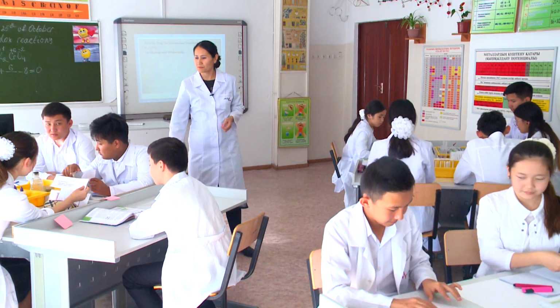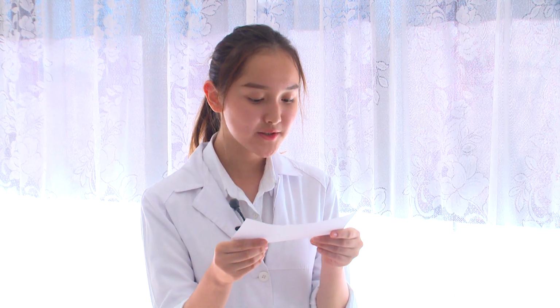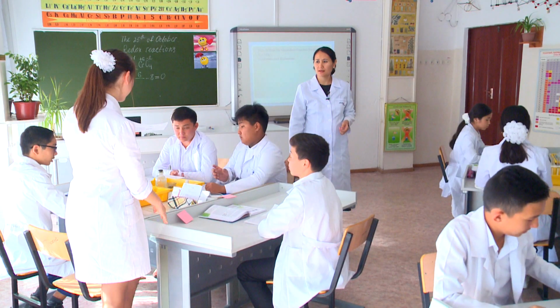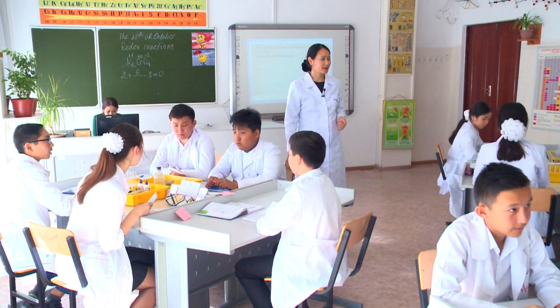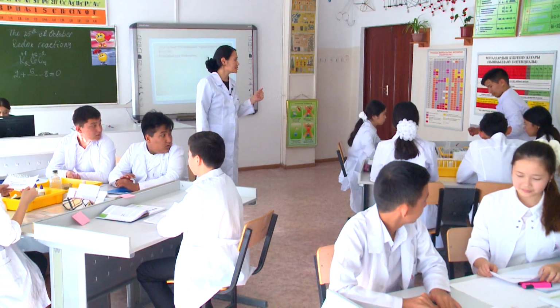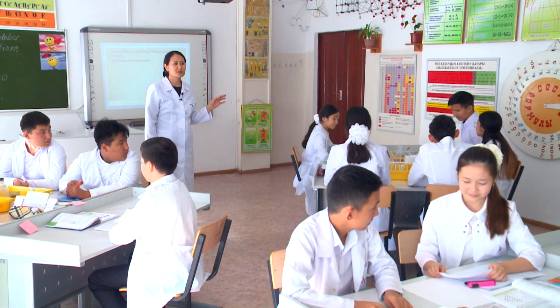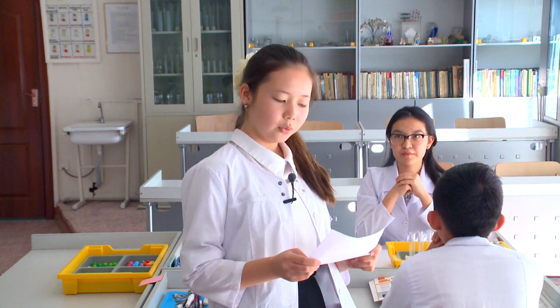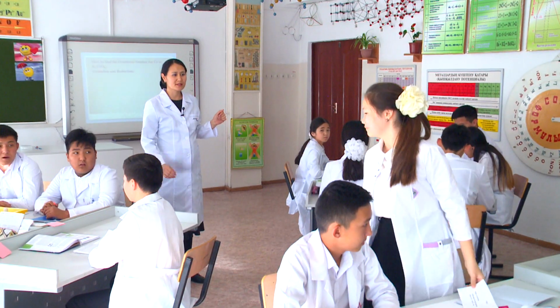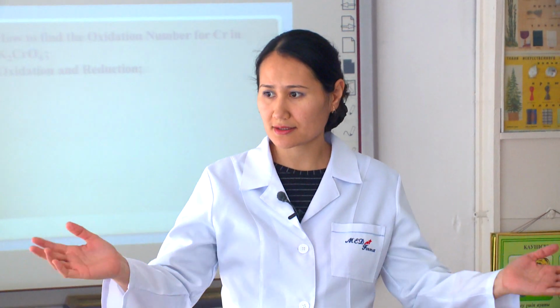We must do an experiment. Second group, you please. We must write redox reactions. And the third group? We must make a conclusion. Okay, sit down. I'll give you 4 minutes. Let's start, please.